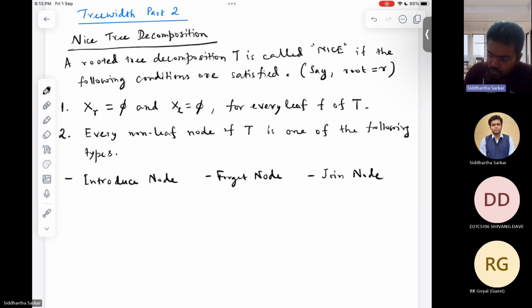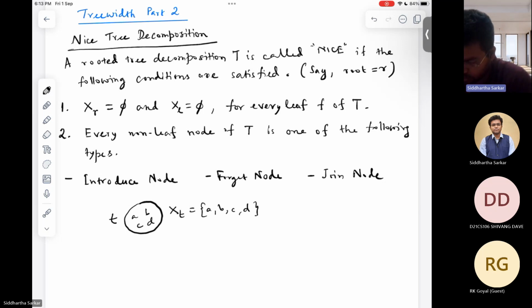A node means a bag. So in the tree decomposition, let us say this is a bag. It has certain vertices, let us say A, B, C, D. We denote this node by T, and of course X sub T denotes the set of vertices in the bag. In this case, X sub T is ABCD. ABCD are original vertices in the graph G, the graph for which we are finding the tree decomposition.